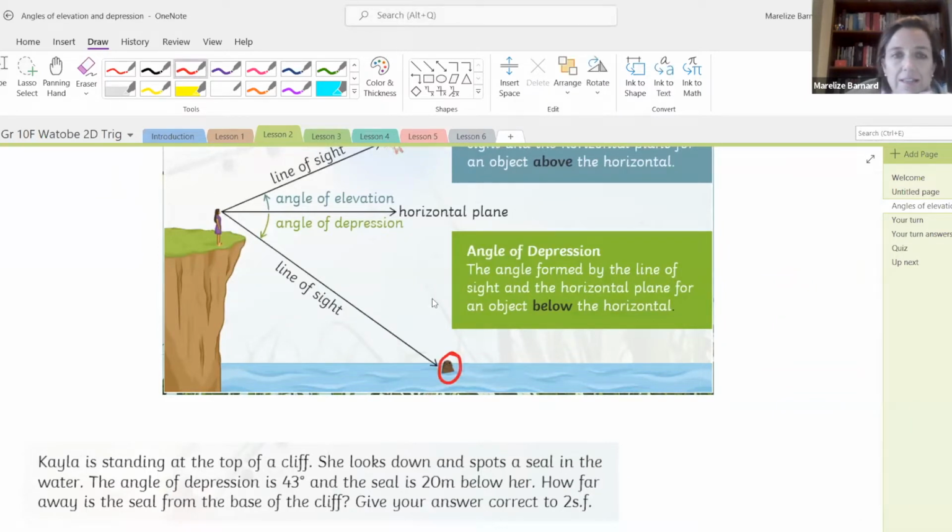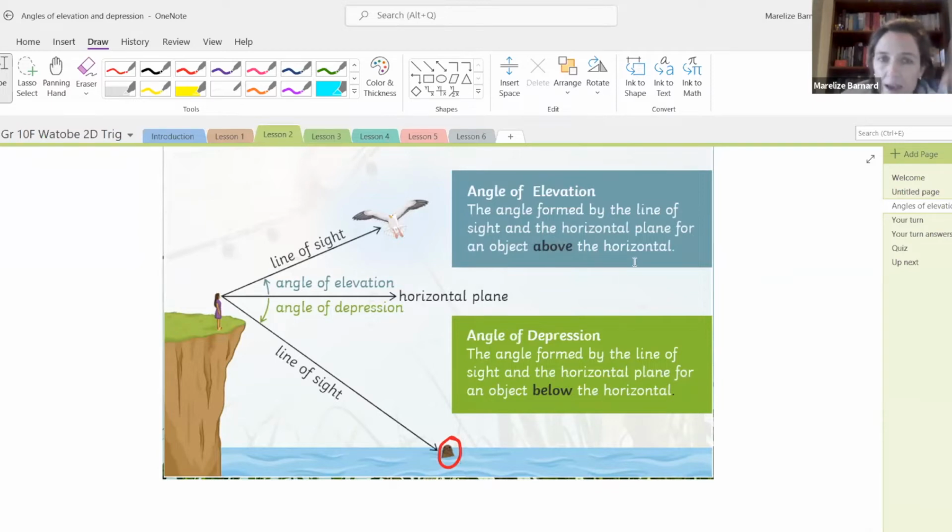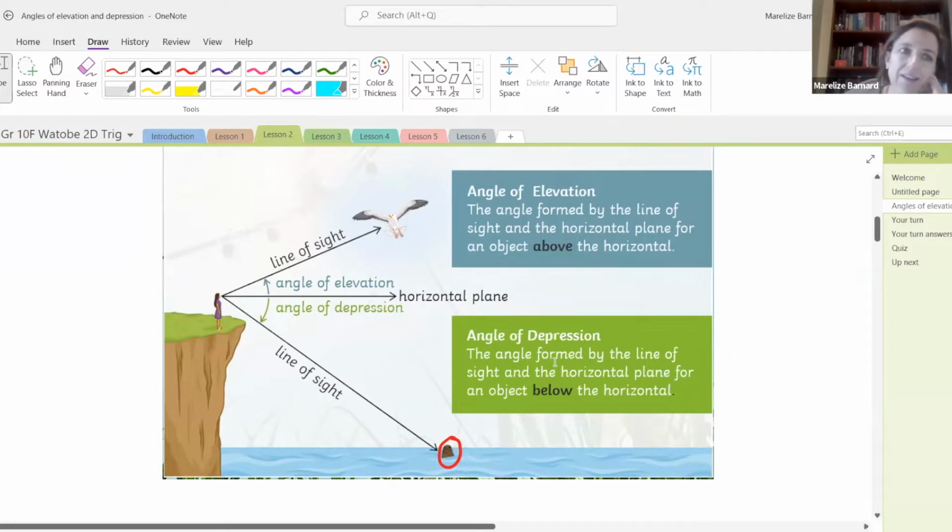So that is called angle of depression. Okay, so there's another example. Angle formed by the line of sight and the horizontal plane for an object above the horizontal. So that's a mouthful. All you have to know is that elevation is about looking up, depression is about looking down. Okay, thanks for that, Mr. Shongwe. That's a good summary.